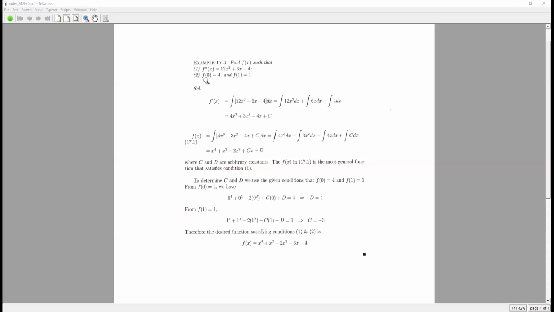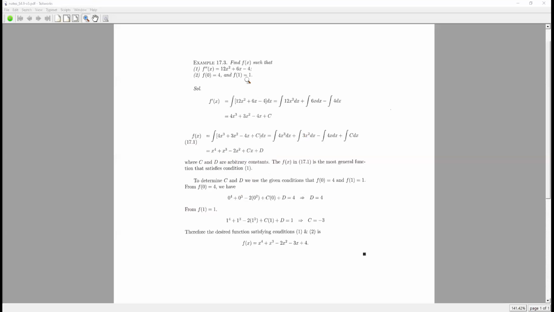Condition 2 has 2 equations. The first equation says that when x is 0, the function value should be 4. Now I plug in 0 for x in function f. Set the result to 4. Then I get this equation. From this equation, I get d is 4.